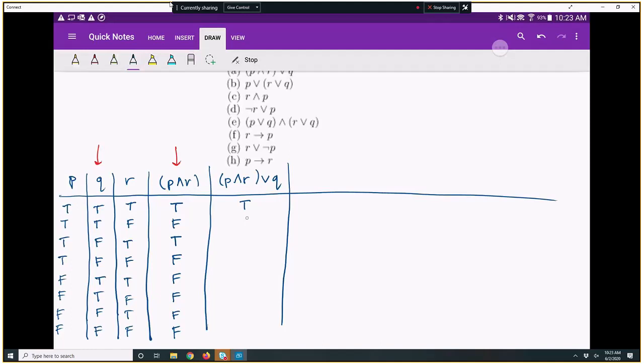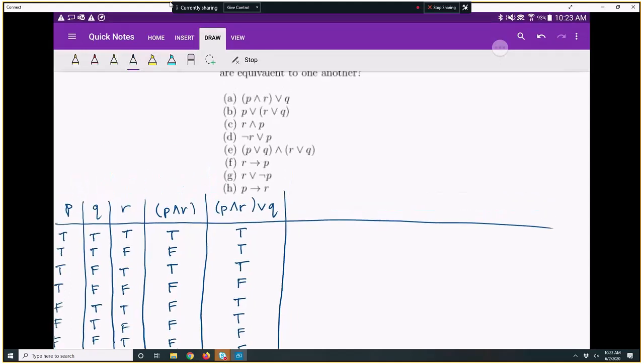So here I'll be true, then true, true, false, true, true, false, and false. So that's A. I'm just going to keep it on the back burner so that once I finish my truth table, we're going to compare and see what's equivalent to what.